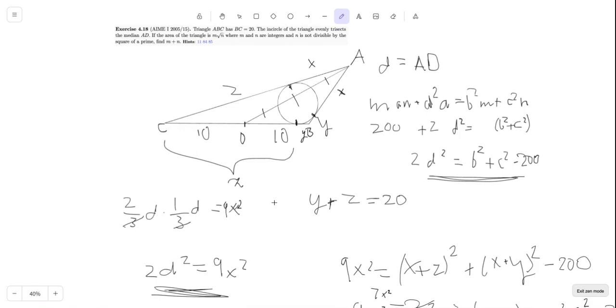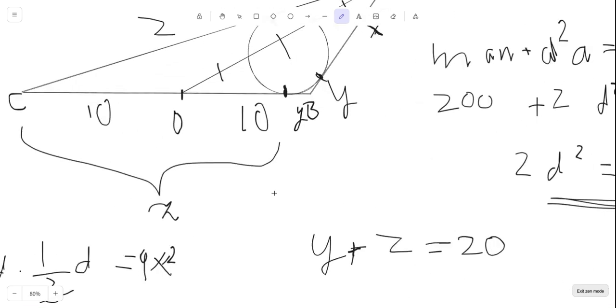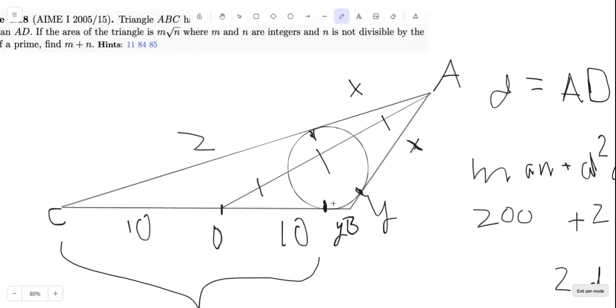So can we use power of a point the same way again? Okay, let's see. The only two points we can actually use it on are A and D apparently, because we have the sections of D connected to those.